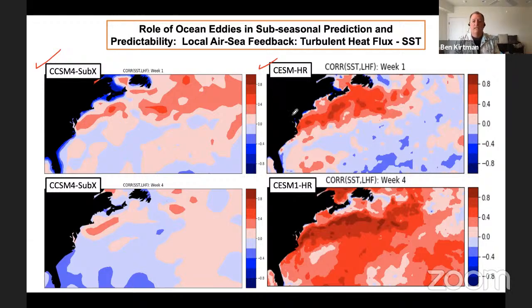What you can see is even after 1 week, right away, that correlation is really popping in the high resolution model. And then by week 4, it's really ramped up. So even on sub-seasonal timescales, that air-sea interaction is significantly affected by the high resolution.